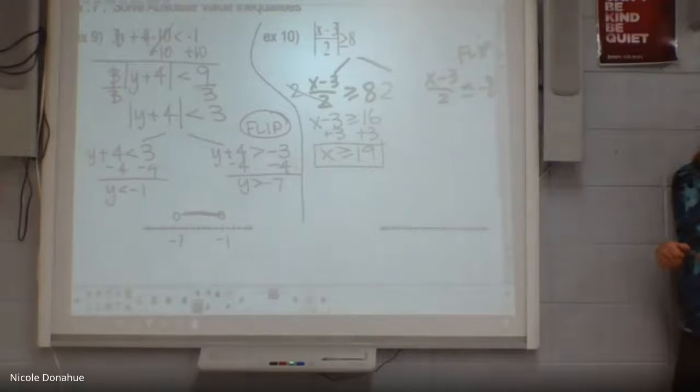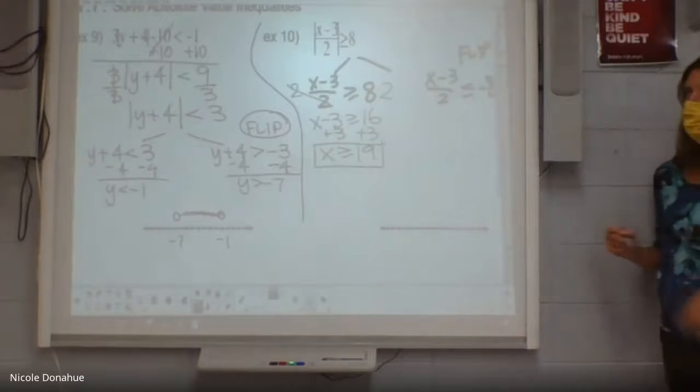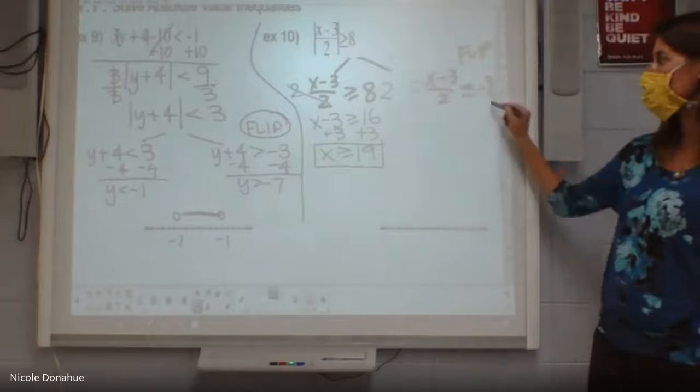I'm going to do the same thing on the other side. It's just now there's a negative 8 on the other side. So I have to multiply and I'm going to end up with a negative 16 over there.